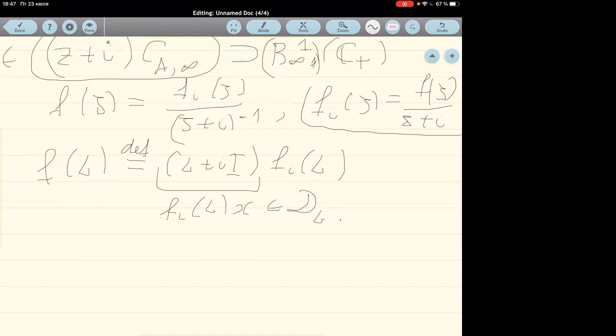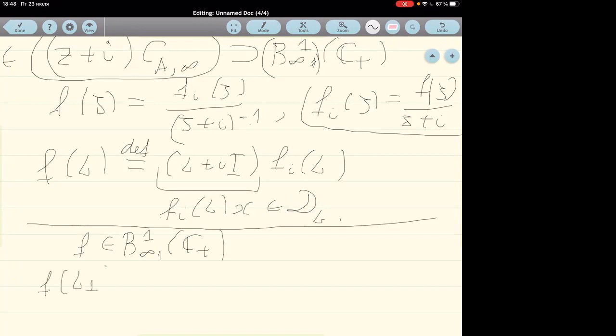Then we consider a similar problem. We consider the problem of operator Lipschitz functions. So suppose that f belongs to this Besov class of functions analytic in the upper half plane. And the question is whether it is true that the norm of f of L1 minus f of L2 is less than or equal to a constant times the norm of L1 minus L2.